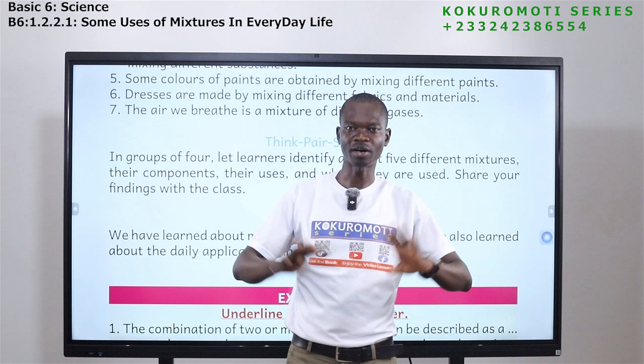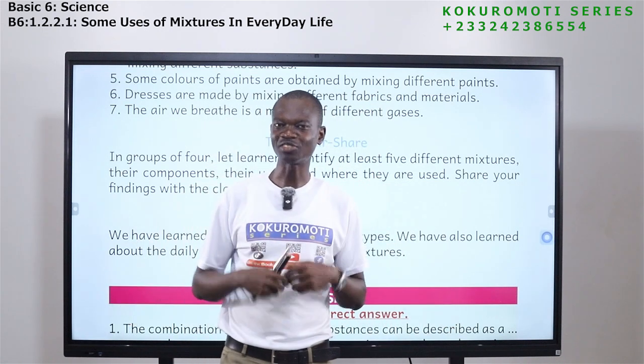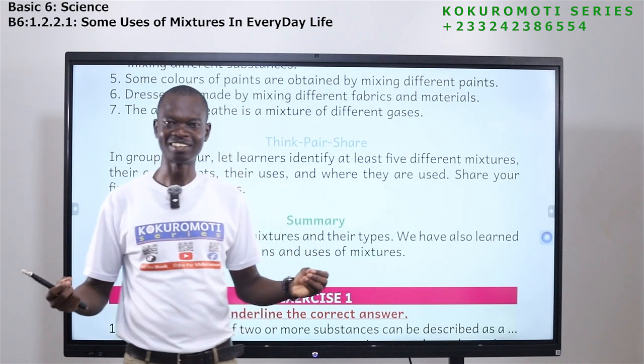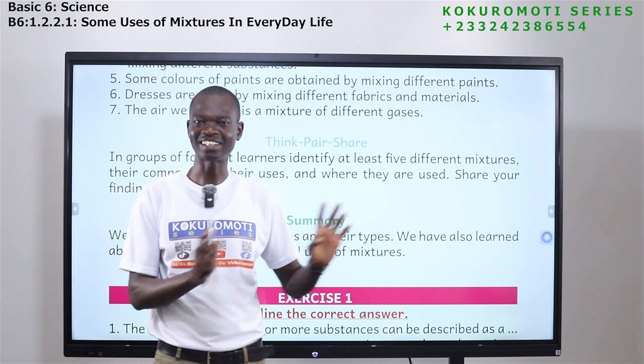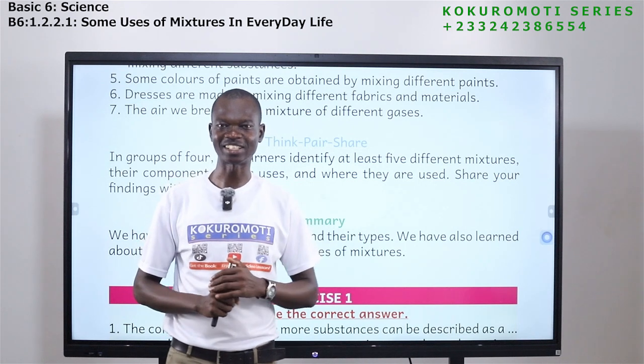So today we have learned about mixtures. We have seen their uses. Remember that we mentioned how to separate mixtures, but we didn't go into details. That is for another topic, another day. Don't worry, we will look at it later on.